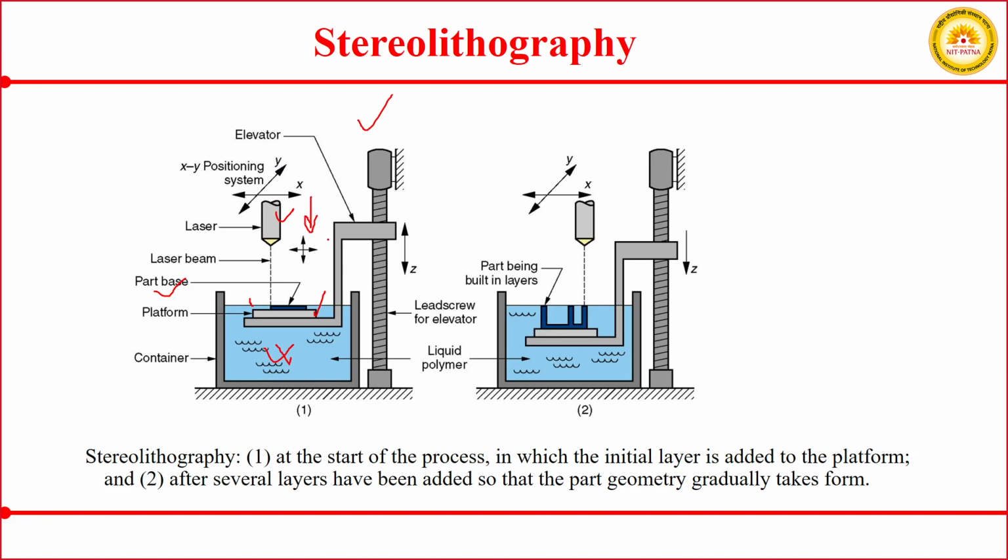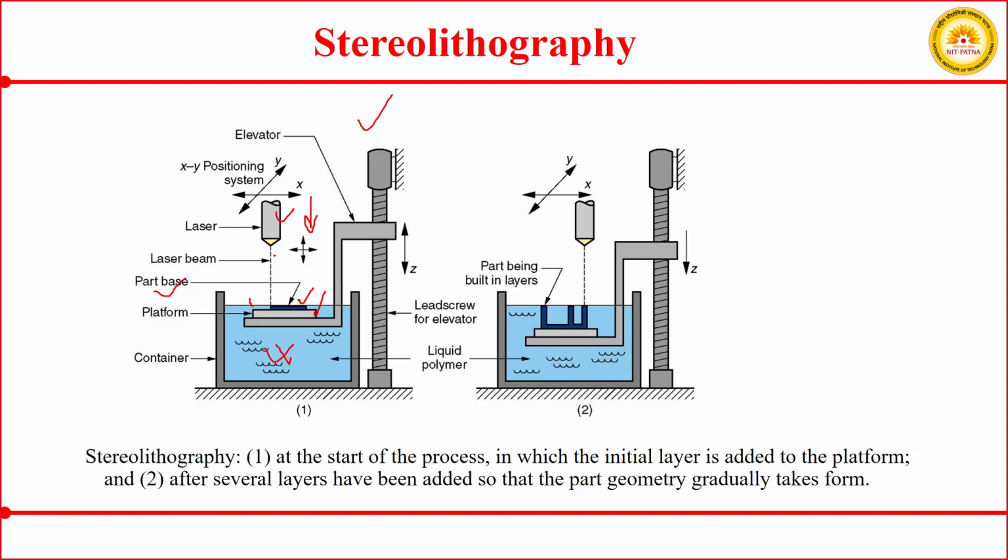So here we can see we have a liquid container, and on it we have a platform. Then you can see there is some solid material over this part base, that has been printed due to the solidification of polymer. Even when this part base is not there, your platform will have liquid polymer above it.